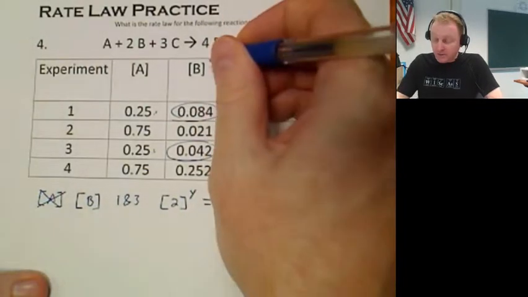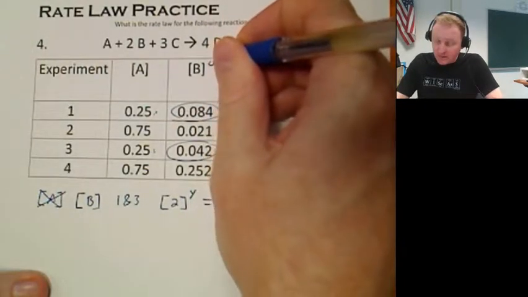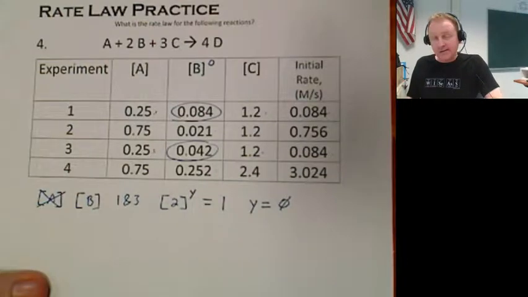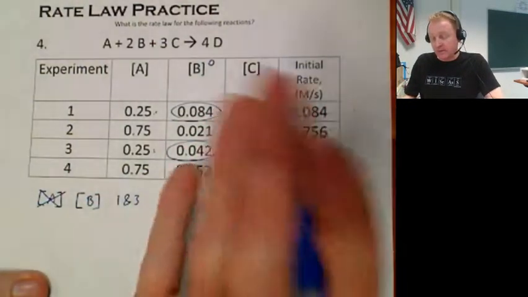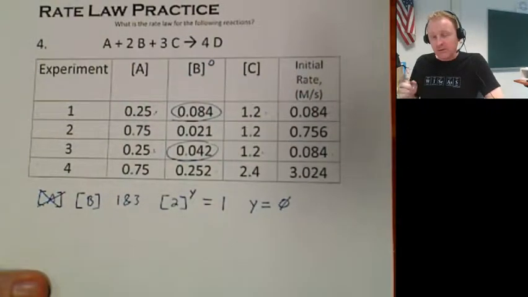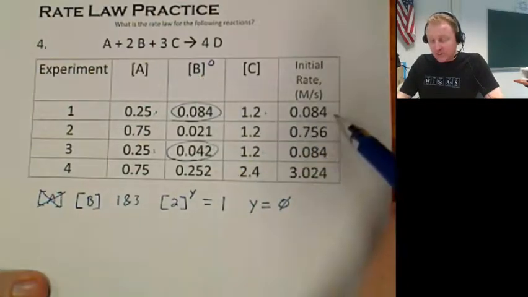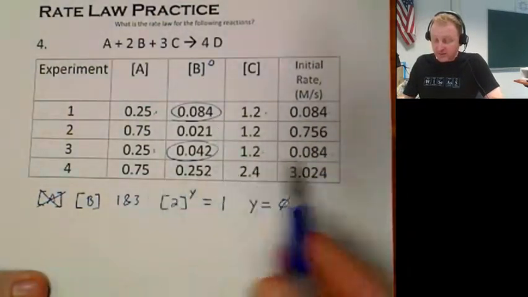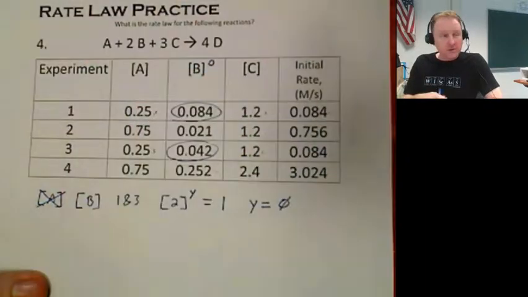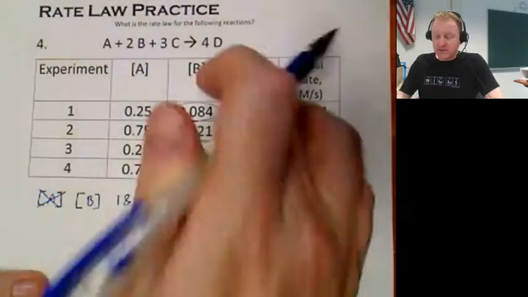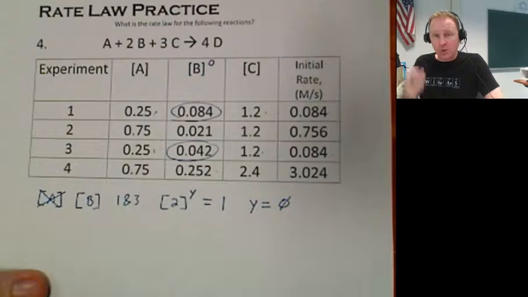So this is a zero order reactant for B. In other words, the concentration of B doesn't matter because it doesn't change the rate of the reaction. That's a really important concept I want you to soak in. Therefore, for our other ones, we don't even need to worry about B. B is zero order.